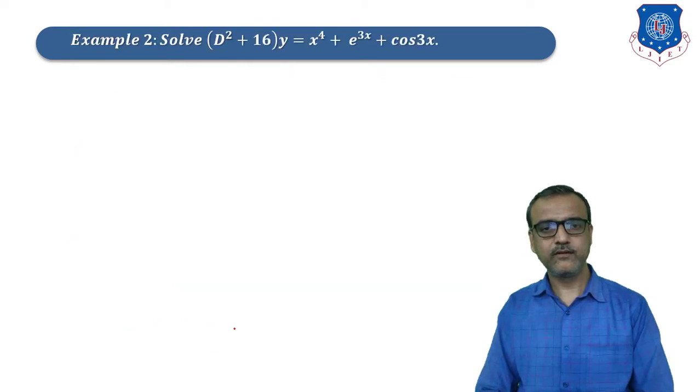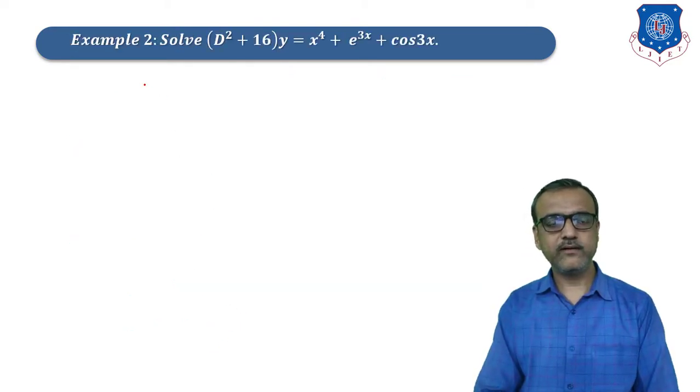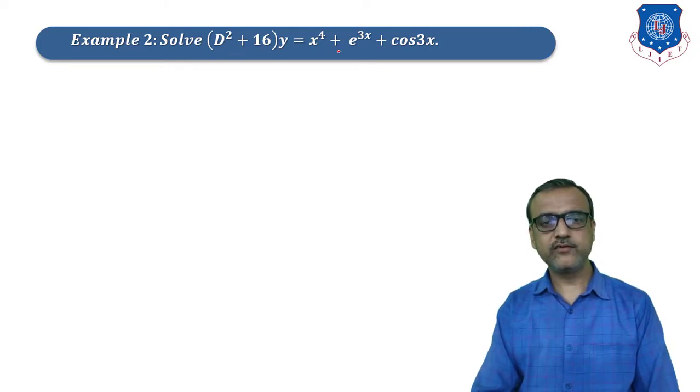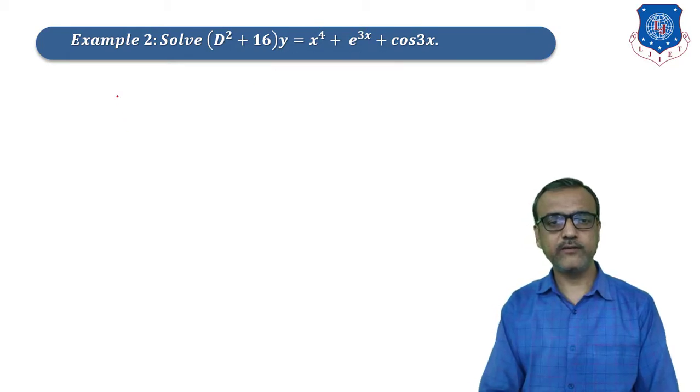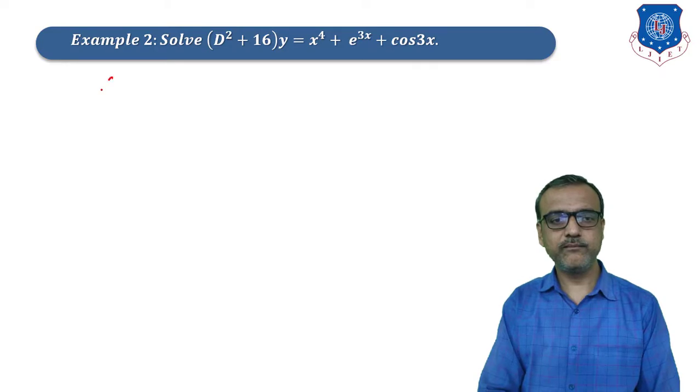Now we will see example number 2, that is solve (D^2 + 16)y = x^4 + e^(3x) + cos 3x. Actually this problem is a combination of case number 1, case number 2 and case number 3. So first of all we will compare the given differential equation with the standard form f(D)y = Q(x).